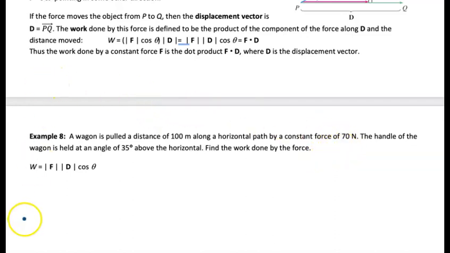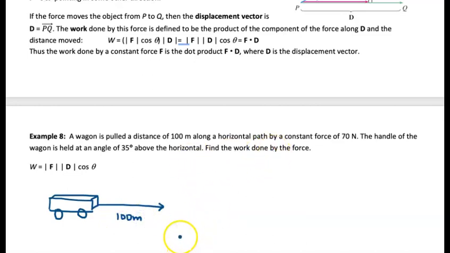So what that looks like is we have some wagon, and it is pulled a distance of 100 meters along a horizontal path.